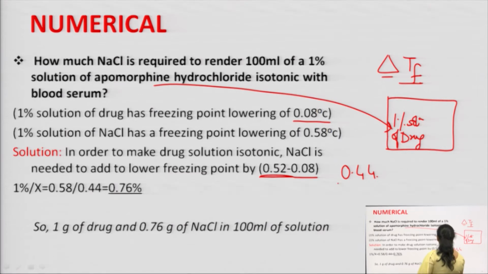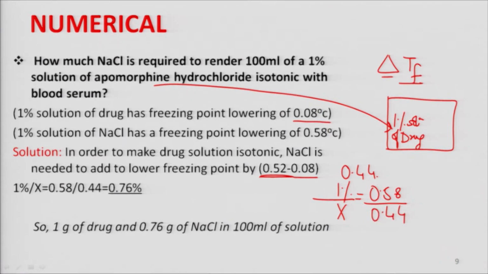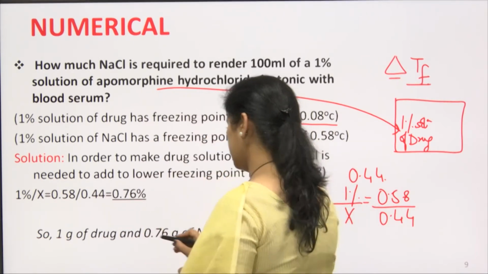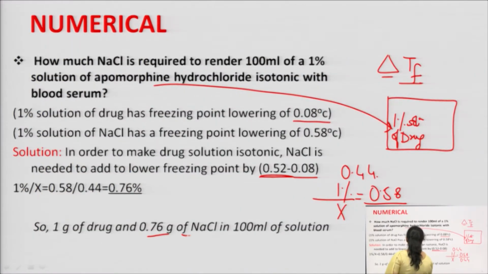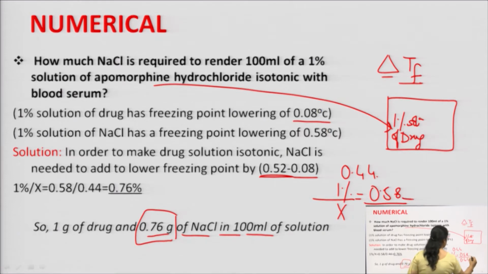So, if I say 1% apomorphine upon X is equal to 0.58 upon 0.44. Can I write in this proportionate manner? You can have a look. So, 1 gram of drug and 0.76 gram of NaCl in 100 ml means we have to add 0.76. If we are going to calculate this, we are going to get what?